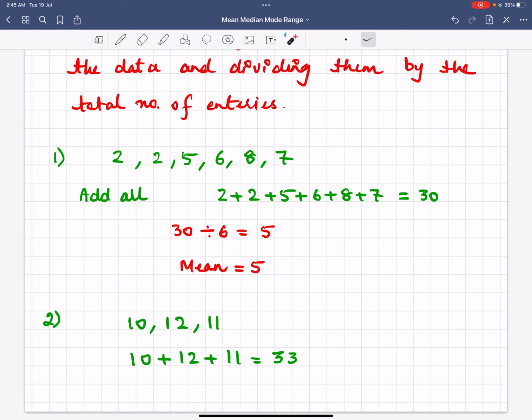So what is the number of entries? We have 1, 2 and 3. Therefore, we divide 33 by 3. That gives us 11. And that is the mean. Therefore, the mean is equal to 11.